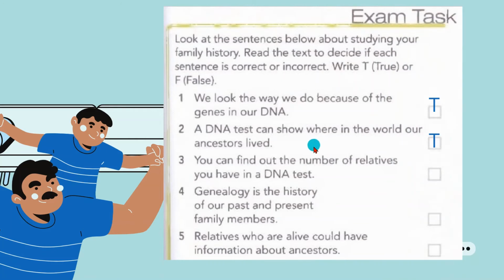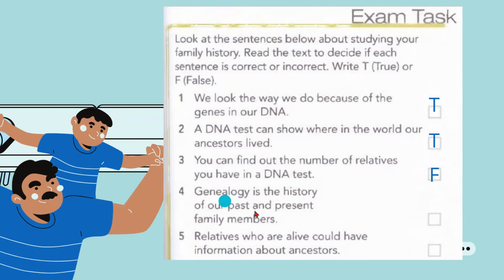Yes, it's true again. Number 3. You can find out the number of relatives you have in a DNA test. Really? Can you? I don't think so. So this sentence is incorrect.